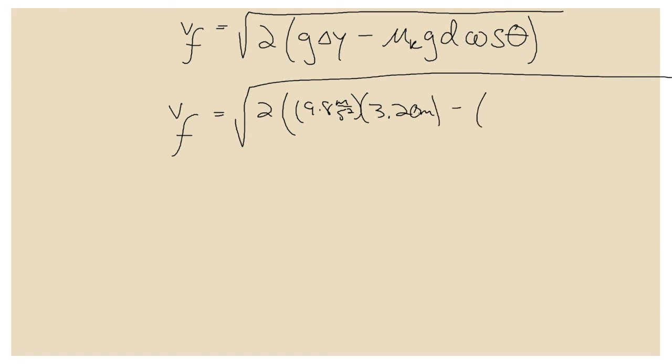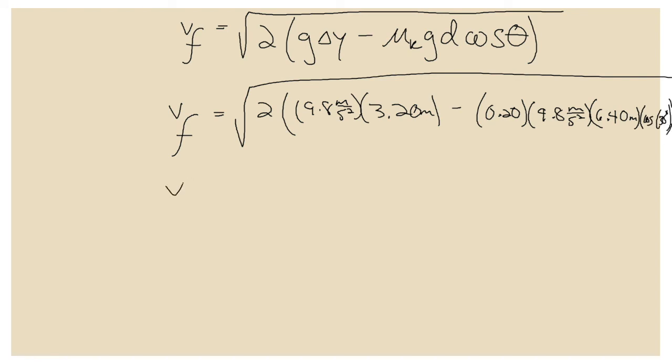and of course that's that first part here, so we're good with that. Then we have minus the coefficient 0.20 times g, 9.8 meters per second squared, times d, the length of the ramp, which was 6.40 meters, times the cosine of the angle, so that's cosine of 30 degrees.